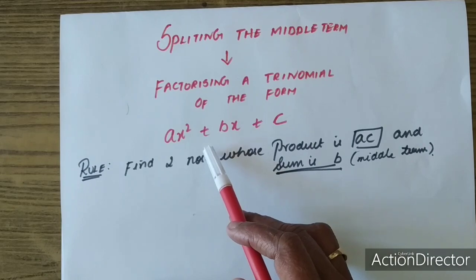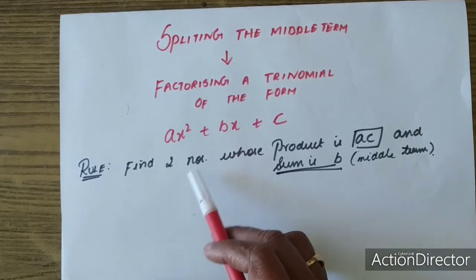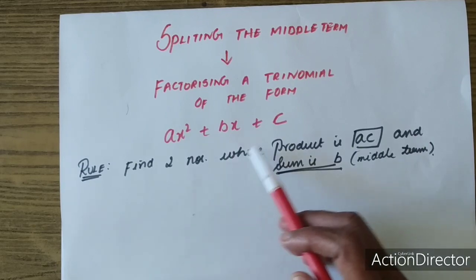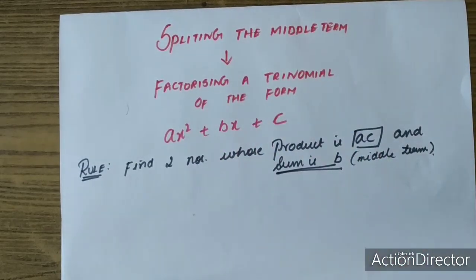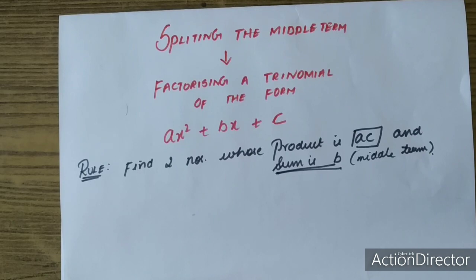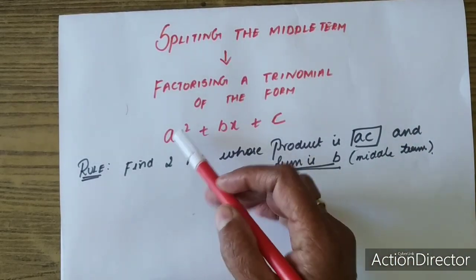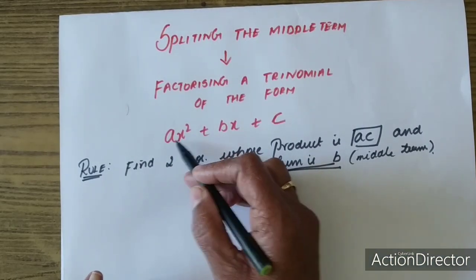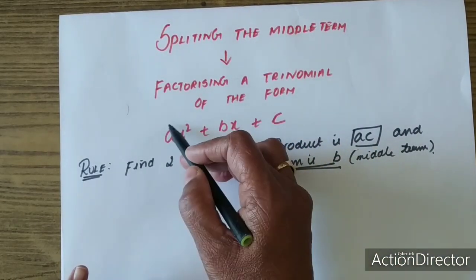For doing this, first the rule is we have to find two numbers whose product is AC and whose sum is B. Product is AC, that is the coefficient of x square and the constant term.